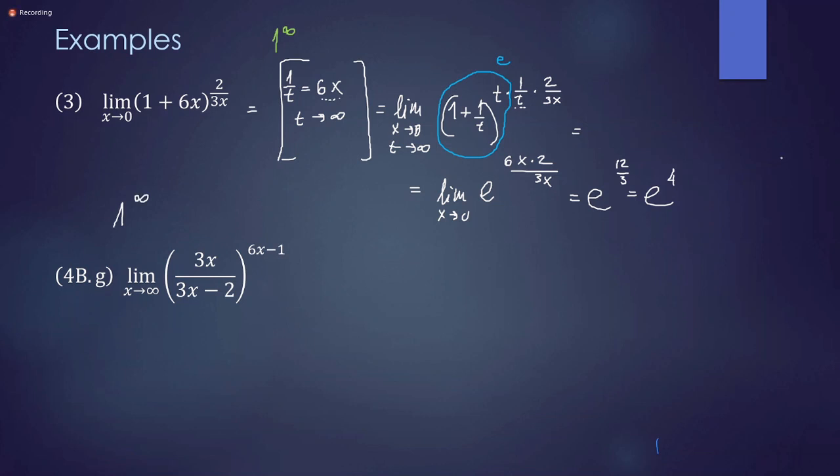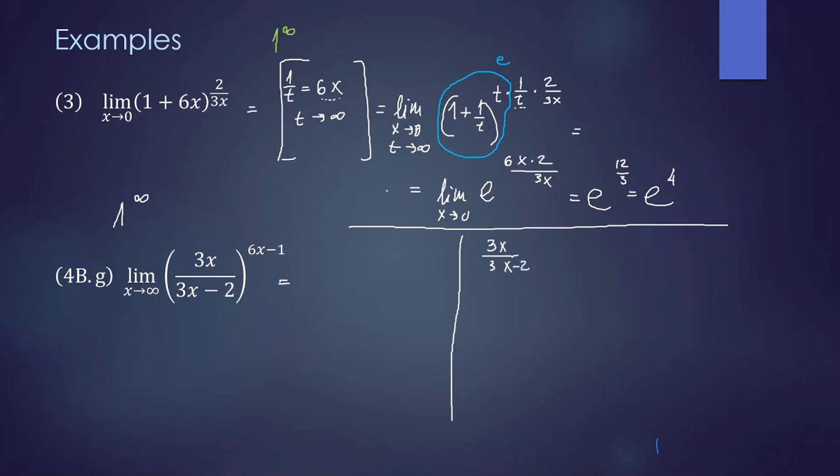And so we can have some transformations. We can do them somewhere on the side so that we don't mess up the computation of the limit, this part. So I can actually do it somewhere there. I would say, all right, so 3x divided by 3x minus 2, I want to change it into 1 plus something. So to get perfect 1, I would need 3x minus 2 in the numerator.